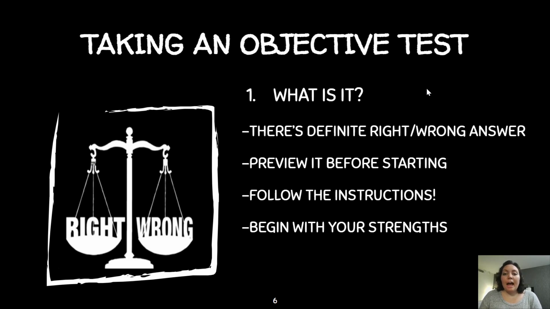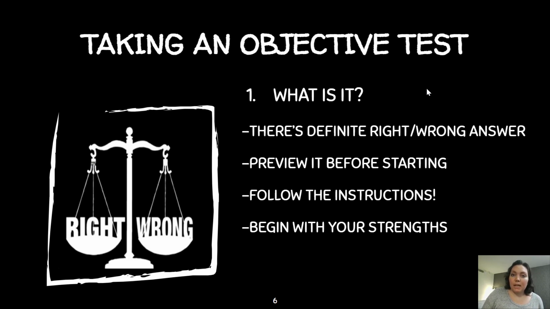When you have an objective test, you want to make sure that you preview the test before starting. Sometimes with online tests, that's not always possible. It doesn't let you move forward to see everything. But if you have the opportunity, try to review that test before starting. See how many multiple choice questions you're going to have. Are there any true false?